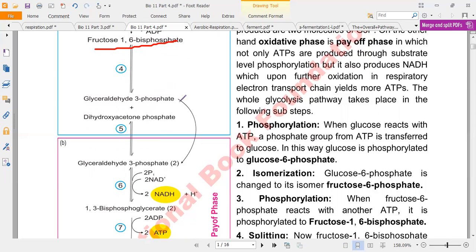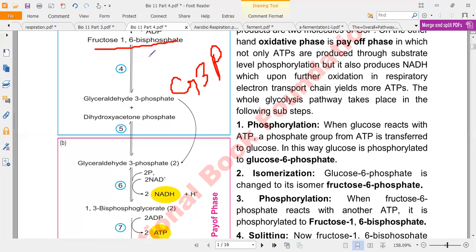Now we get three carbon compounds. One is glyceraldehyde 3 phosphate, called G3P, which we have discussed in photosynthesis, and the other is dihydroxyacetone phosphate. This is one and this is two. This is a reversible reaction that can be changed with another enzyme back to fructose 1,6 bisphosphate.